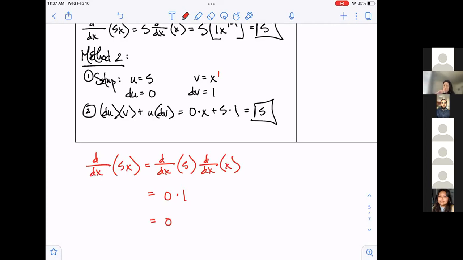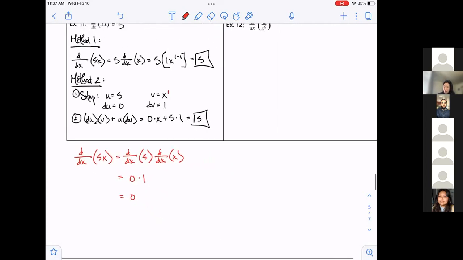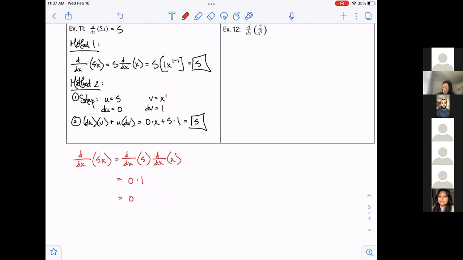Okay, the product rule. I agree, they could use the product rule, but also this 5, sometimes people think, oh, the derivative of 5 is 0, so then everything else is 0, right?